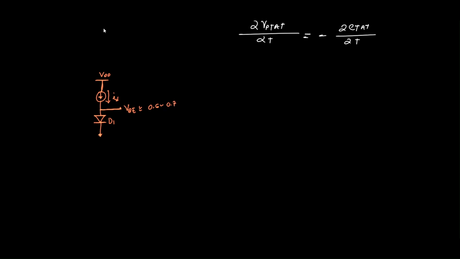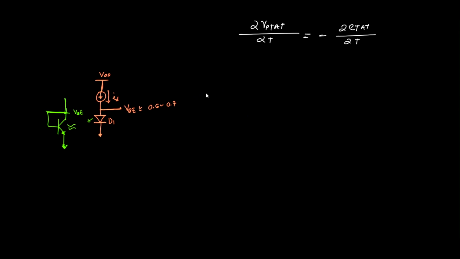We can also use a BJT instead of this diode, right? That's why it's called VBE.